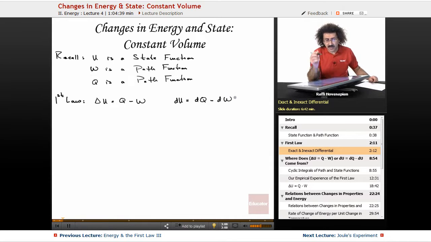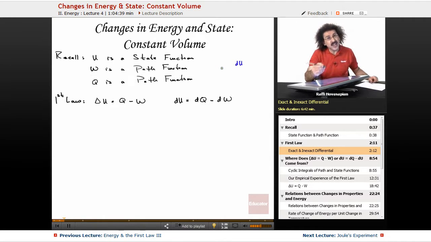Now, a quick word about this. Again, U is a state function. W and Q are path functions. The symbolism that I've used, this d, it tends to imply that they're the same. They're not the same. Many books will differentiate notationally a state function and a path function. They'll use the standard differential notation that you're used to, the d, for a state function.